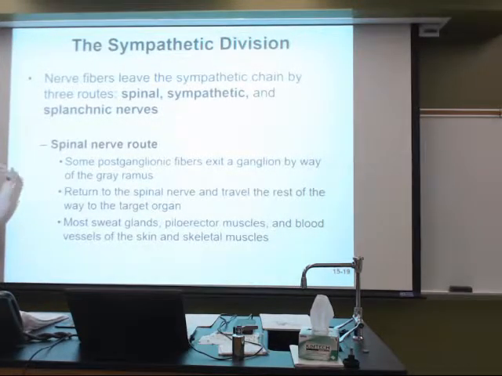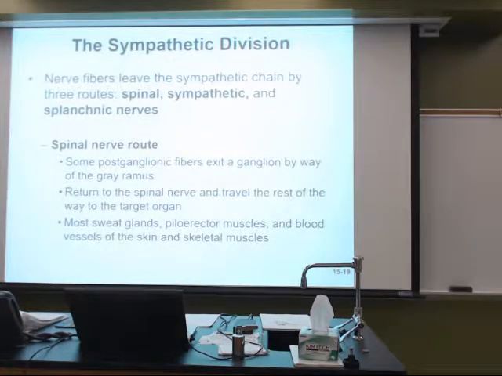They call that one the spinal nerve route, because that axon, remember, if this is the sympathetic division, which is preparing the body to do that fight or flee, it has to prepare those skeletal muscles for that activity. That's why the spinal nerve route goes to the skeletal muscle.